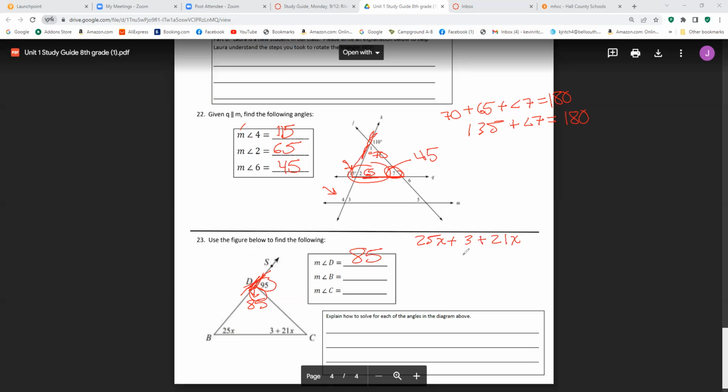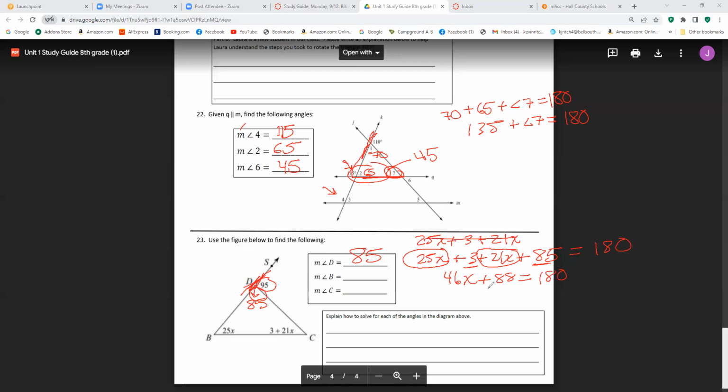Now to get B, I'm going to take 25x, which is angle B, plus angle C, which is 3 plus 21x, and now I know angle D is plus 85. Since they all make a triangle, I'm going to set them all equal to 180. Now I'm going to combine like terms. 25x plus 21x is 46x. Now I'm going to add 3 plus 85, which is 88, equal to 180.